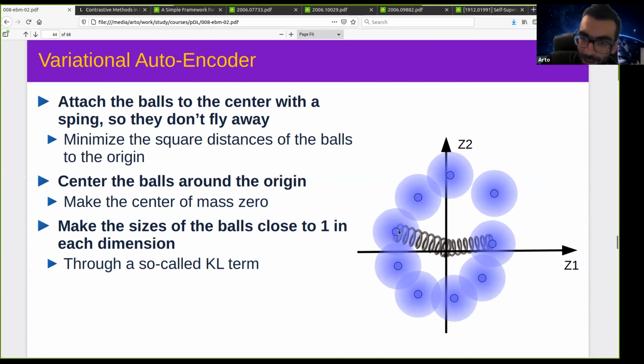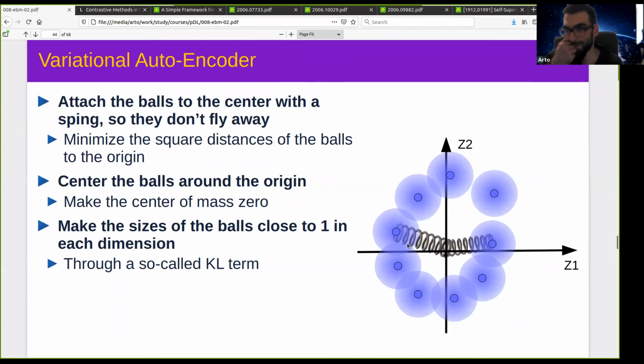Basically, we will have another string attached at one unit radius, and we can deviate from it.